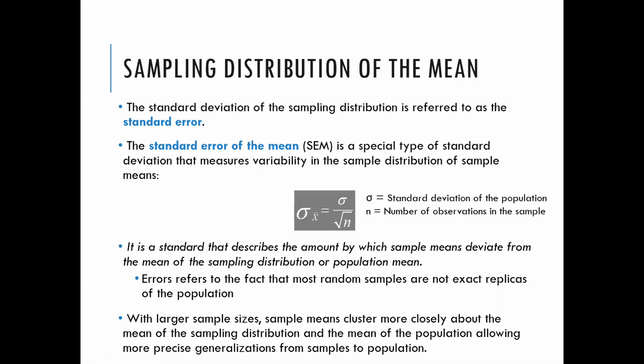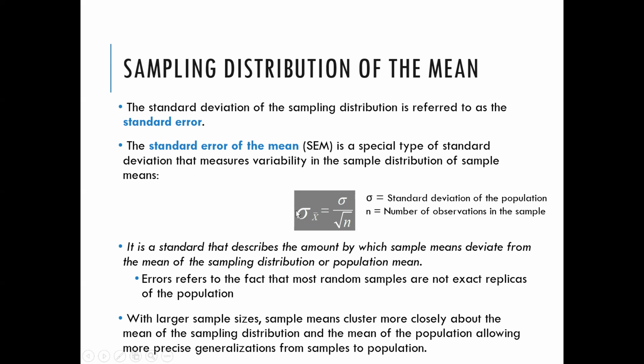The standard deviation for our sampling distribution is referred to as the standard error. The standard error of the mean is a special type of standard deviation that measures the variability in the sampling distribution of sample means. And this is the equation for that.